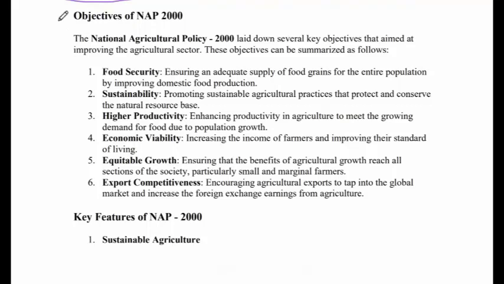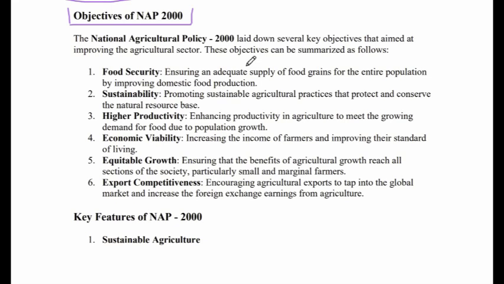Let's learn about the objectives of the NAP. Its aim we already saw. Now we are looking at its objectives. The National Agricultural Policy of 2000 laid down several key objectives aimed at improving the agricultural sector. What was the main reason for getting the NAP?